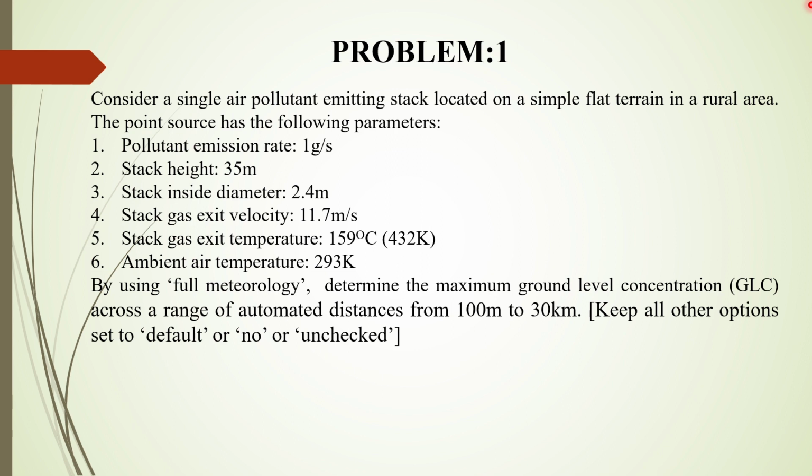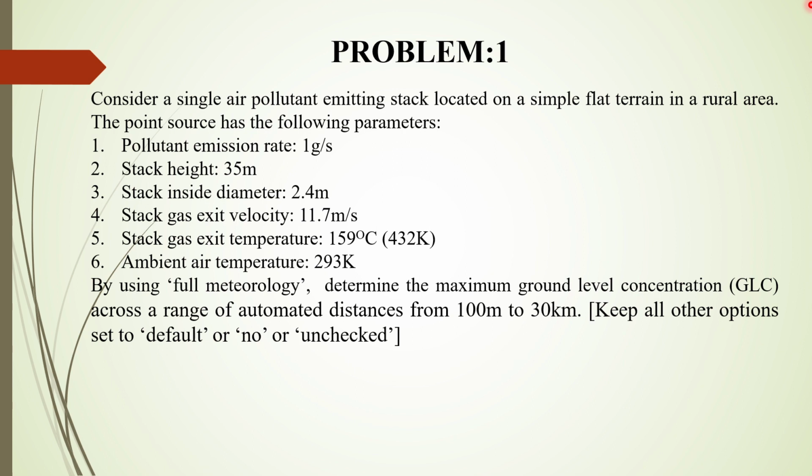By using full meteorology, determine the maximum ground level concentration across a range of automated distance from 100 meter to 3000 meter, and keep all other options set to default or no or unchecked.